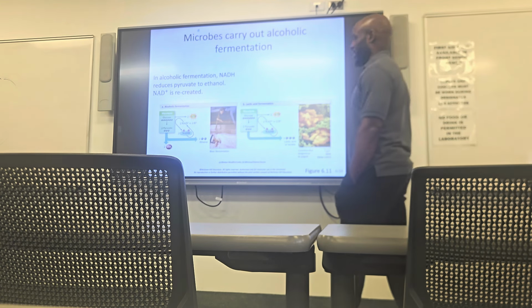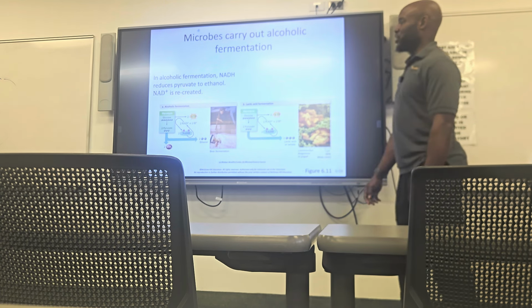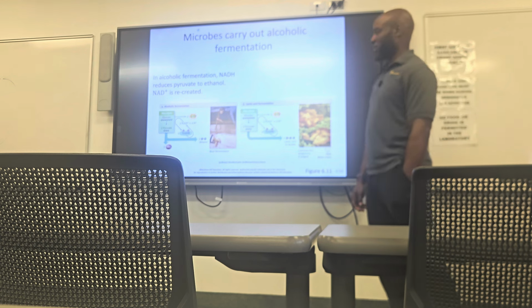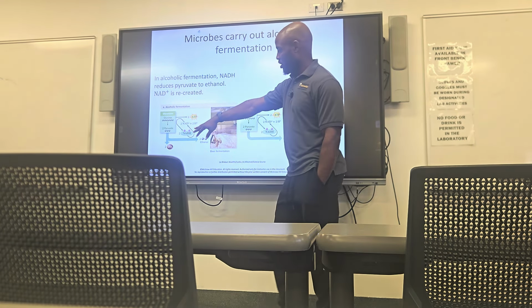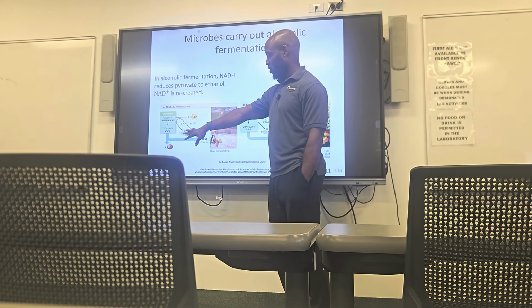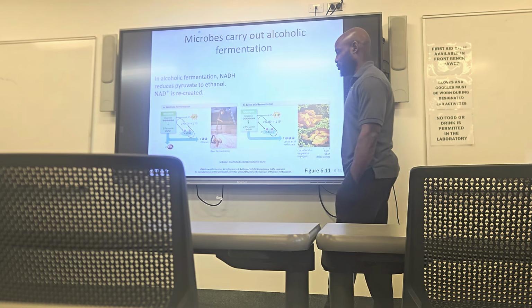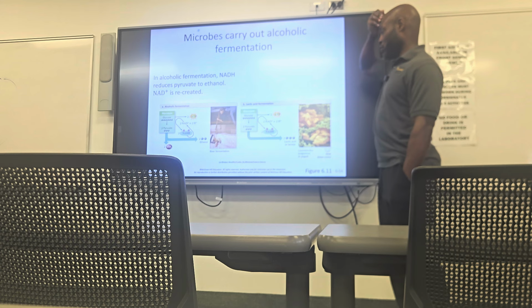In alcoholic fermentation, NADH reduces pyruvate to ethanol, and NAD plus is recreated. That's a formula that people have mastered, taking glucose, some type of sugar, putting it through fermentation and producing ethanol, alcohol, to make something that people actually enjoy drinking.